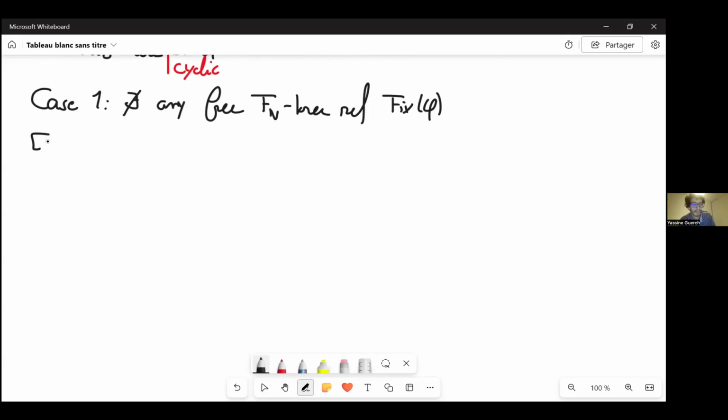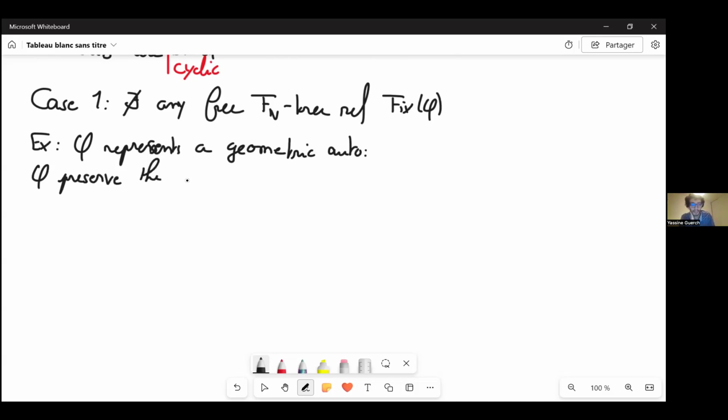For example, for the case where phi represents a geometric automorphism, it represents a homeomorphism of the surface.